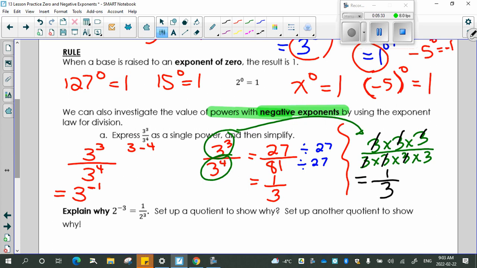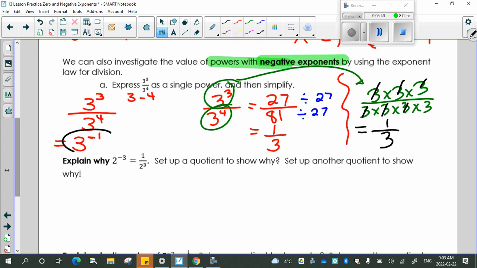So there are 3 ways to get to the answer. But what it's telling us is that 3 to the negative 1 is equal to 1/3. They're equal. 3 to the negative 1 is equal to 1/3.